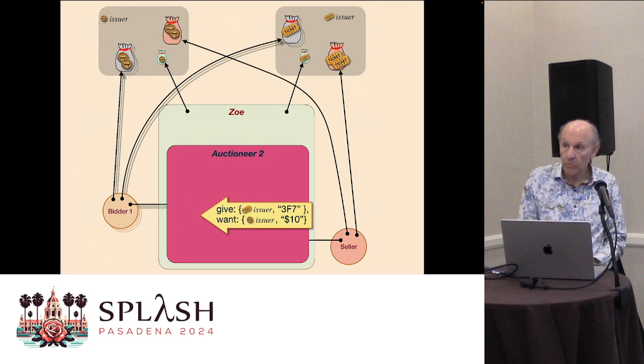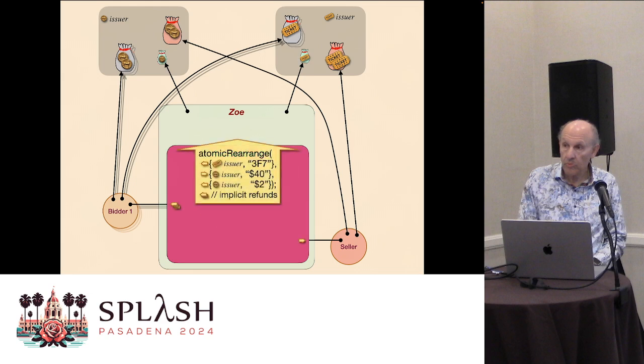So you still get offer safety with regard to the reserve price. It's a description of $10, so the auctioneer is only seeing descriptions of the rights to be given or gotten. It never sees the rights themselves.